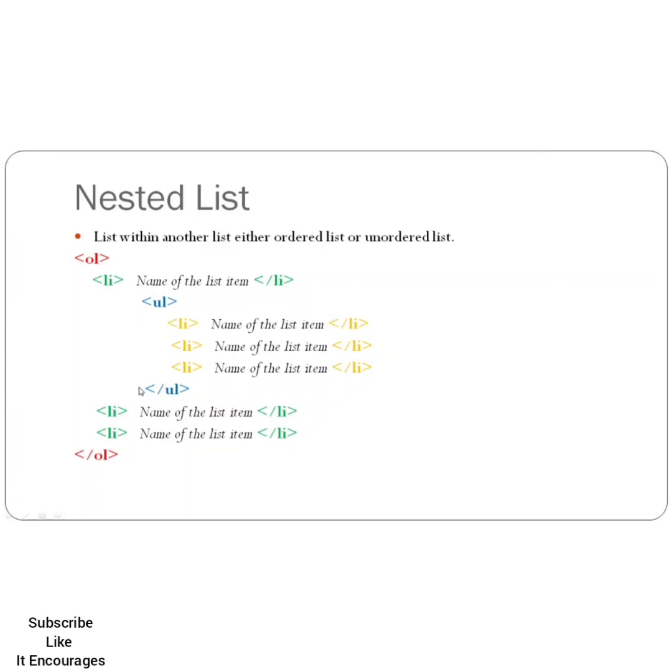We have to keep in mind that whenever we are opening any list within another list, it has to be closed. In this case we can see that the ordered list is closed in the end, and we have opened another unordered list. So we have to close this before we close the outer list.